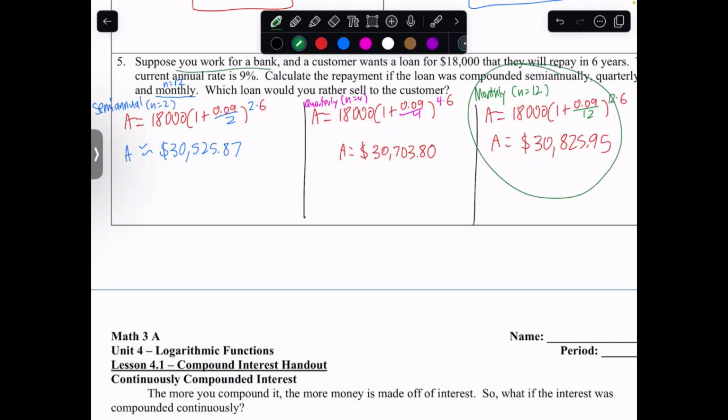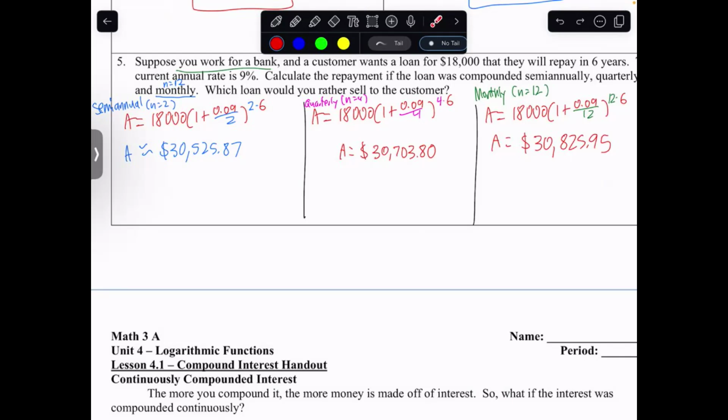Because that means that the ending payment is higher. If you are the one who has to borrow the money, which means you have to pay the interest, then you would want the interest compounded fewer times per year.